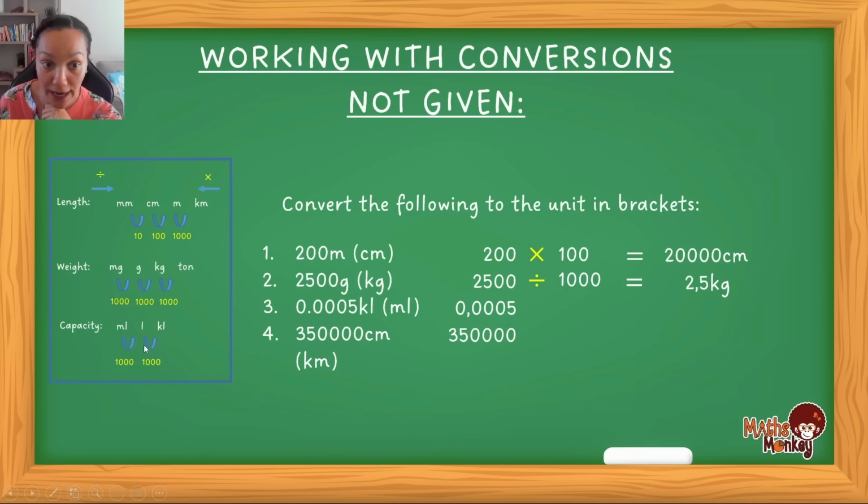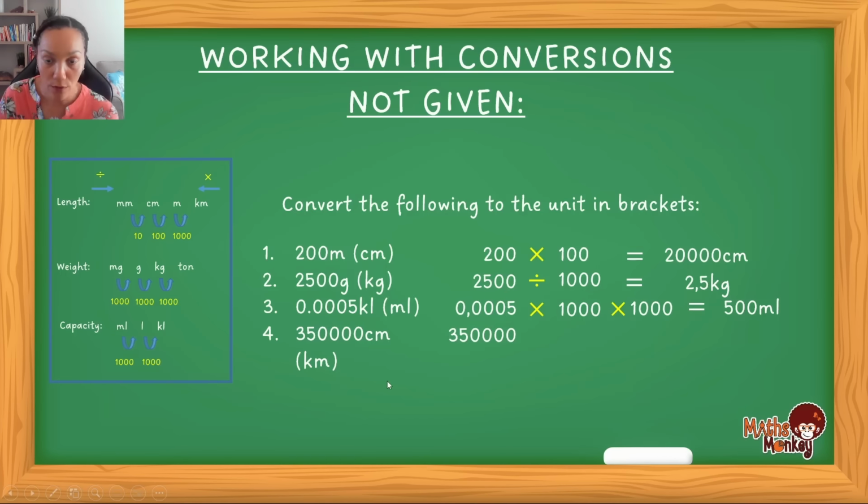That means you're going to have to do two calculations here, and both of them are moving in the left direction, so both are multiplied. We multiply by 1,000 and then by another 1,000, and that will give us our answer of 500 milliliters.